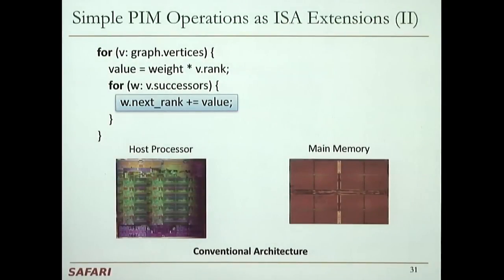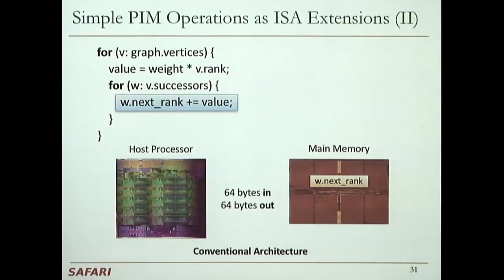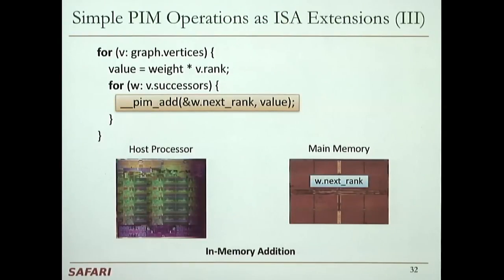OK, so let's take a look at this. Basically, this is, again, PageRank. It's simple. That's why you look at it. If you execute it in the processor, you basically need to bring 64 bytes into the processor and write back 64 bytes. So you're communicating 128 bytes. Whereas if you change this to a PIM-enabled instruction, which is as simple as this, basically, the programmer now needs to program this way. Or maybe the compiler figures that out.